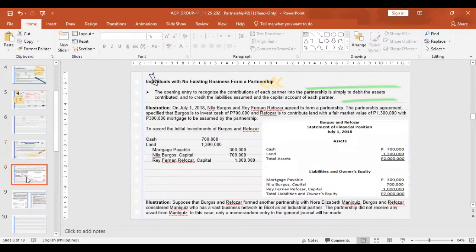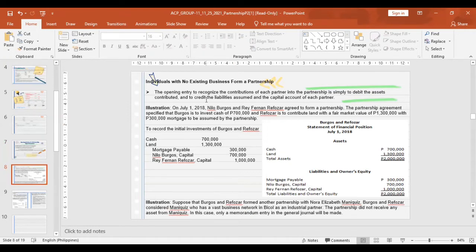So, next tayo. So, ito. Individuals with no existing business form a partnership. So, the opening entry to recognize the contributions of each partner to a partnership is simply to debit the assets contributed and credit the liabilities assumed on the partner capital account.